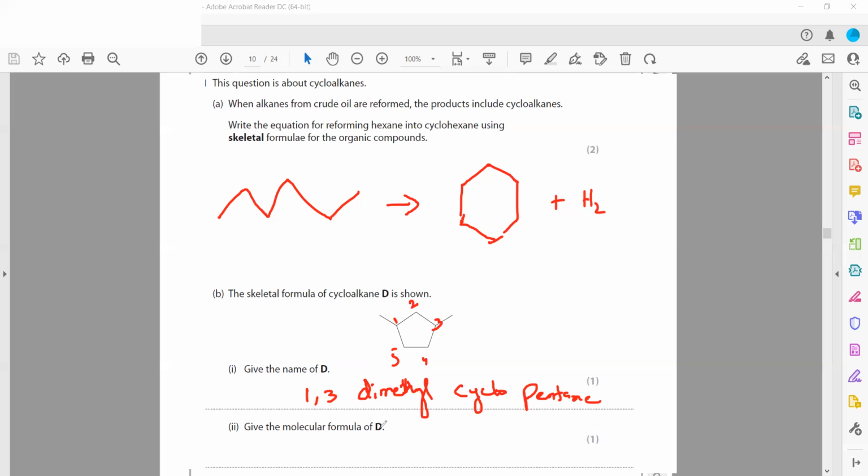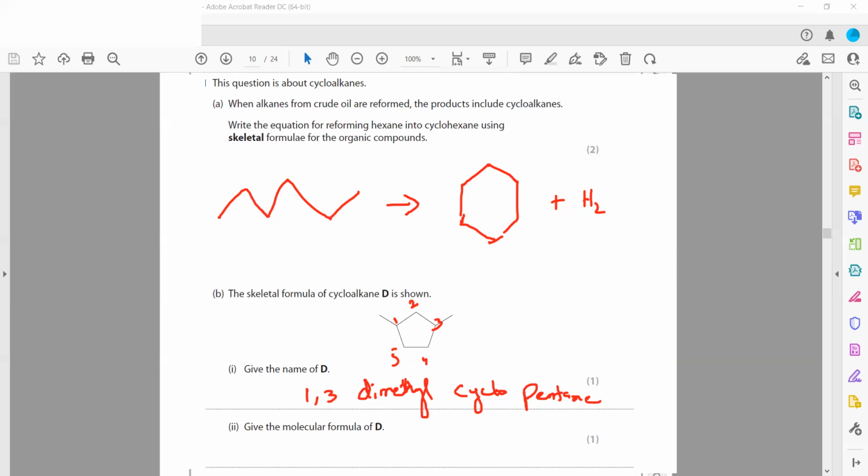Then give the molecular formula of D. So what will be the molecular formula of D? You can count, for example, this will have 2 hydrogens, this will have 1. You can count carbon and hydrogen, or remember the general formula of cycloalkanes is the same as alkenes. The number of hydrogens will always be twice the number of carbons.